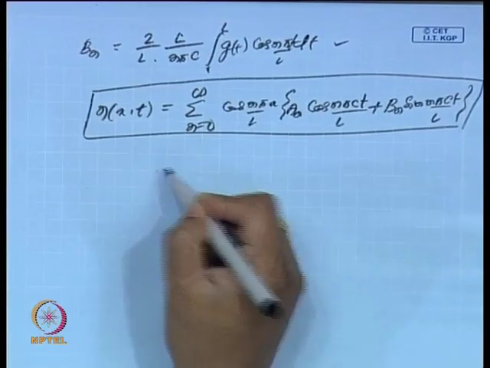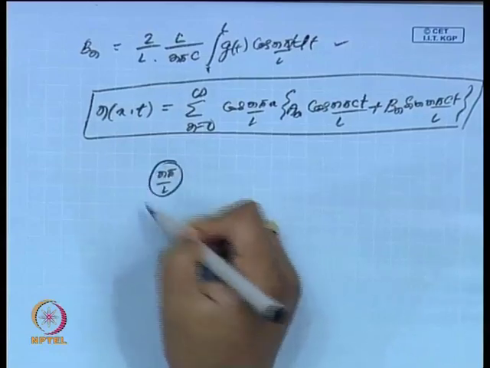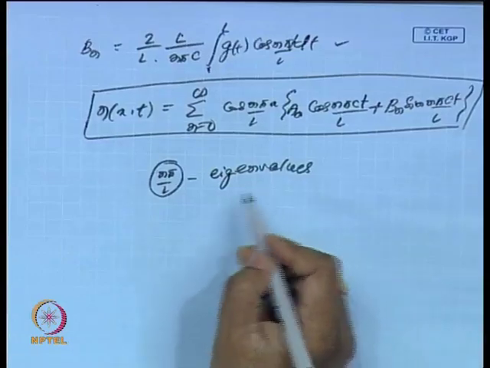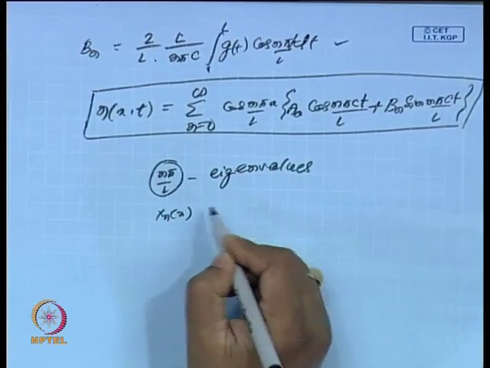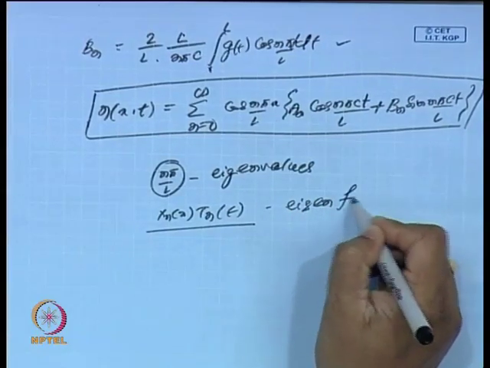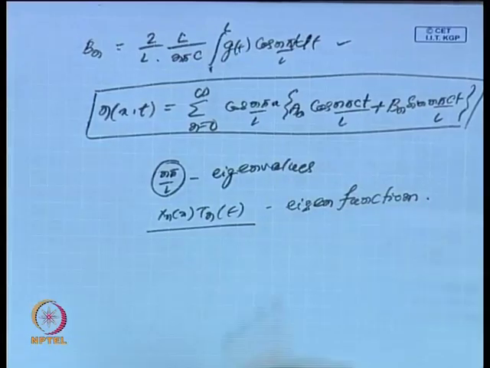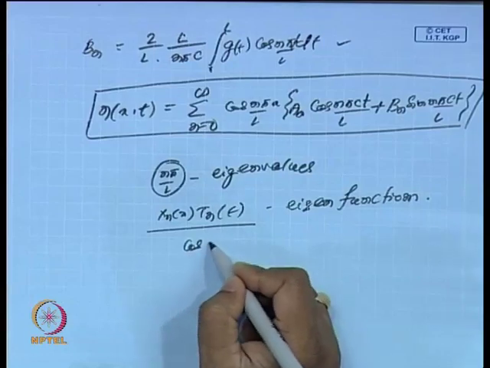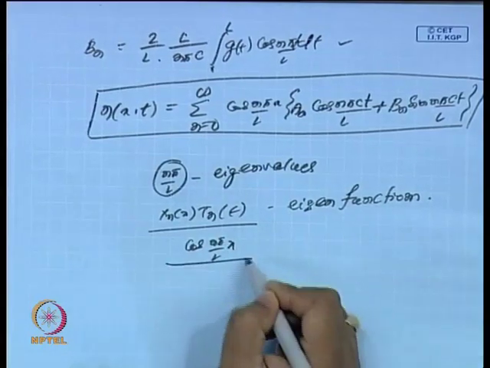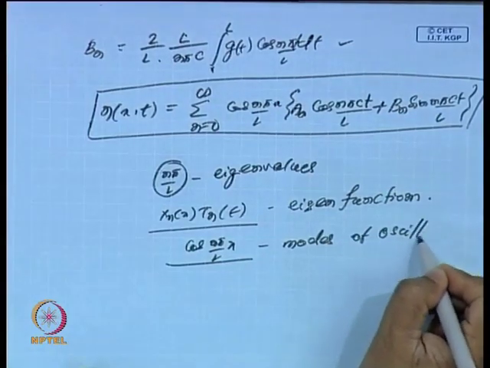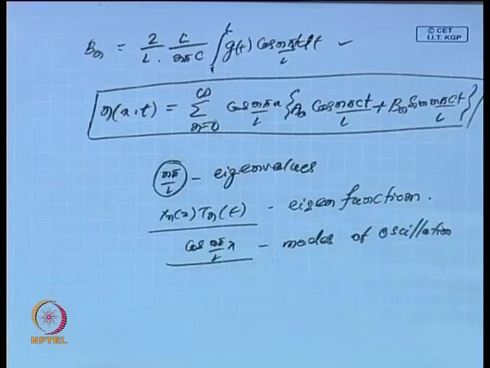This n pi by L, this is called the eigen values, and then the individual functions X_n(x), T_n(t), they are called the eigen functions, and sometimes we call them this, what will happen, this cos(n pi by L into x), these are called the modes of oscillation. This is the modes of oscillation.